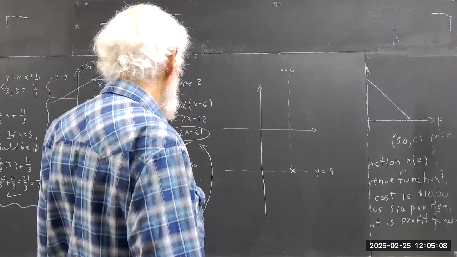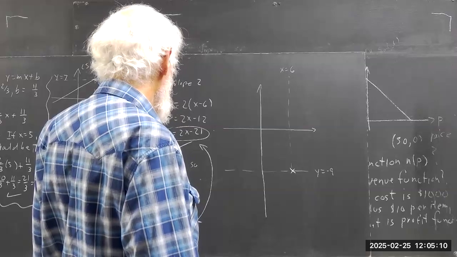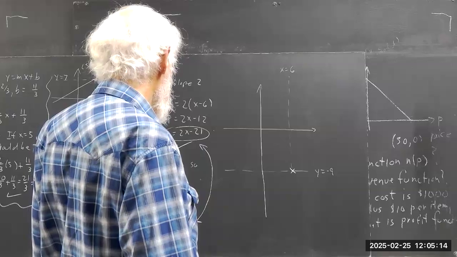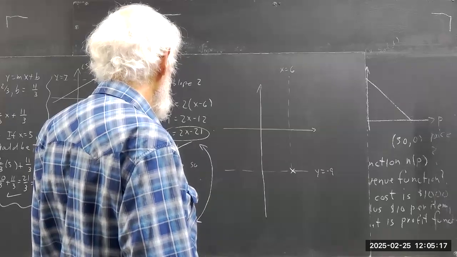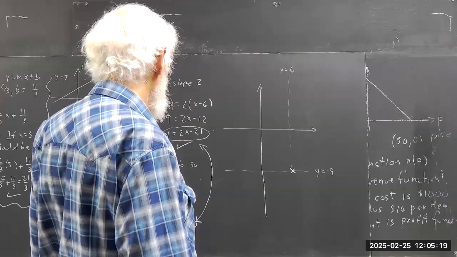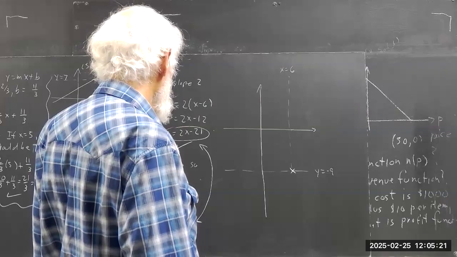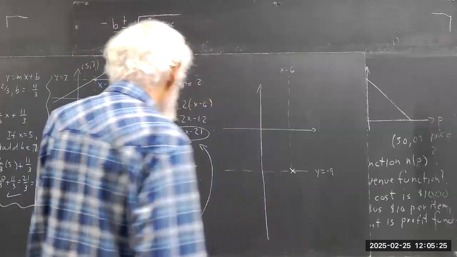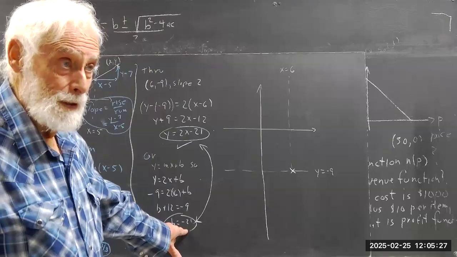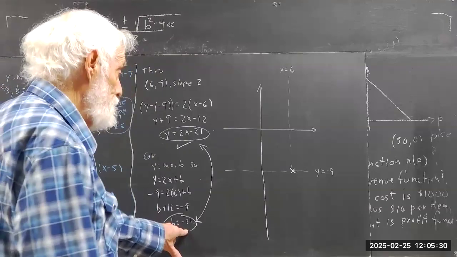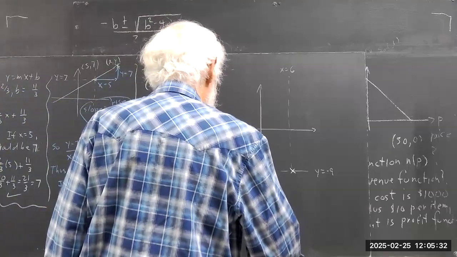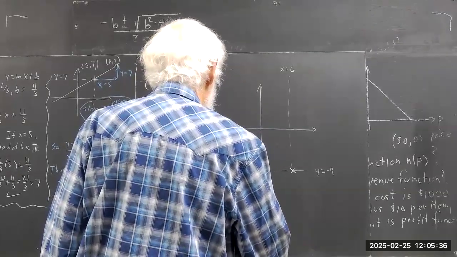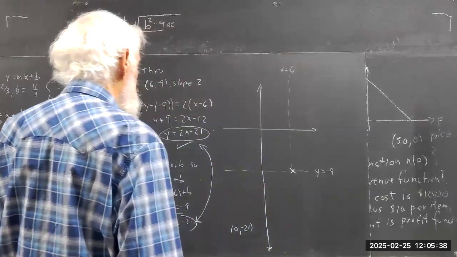That can't be right. It makes the line way too steep. And the y-intercept, of course, is at -21. Okay, so we've got 0, -21.